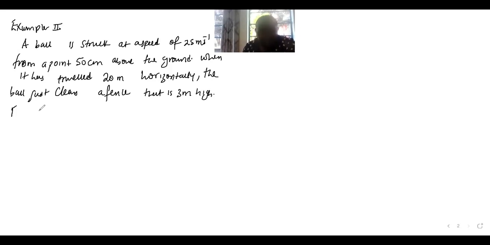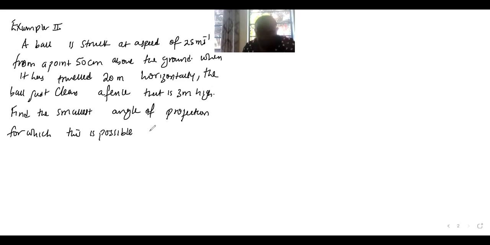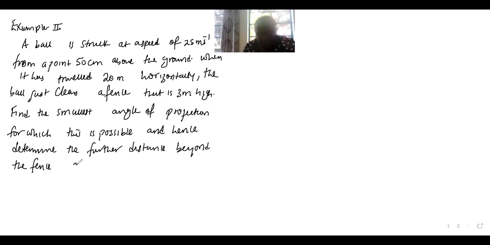Find the smallest angle of projection for which this is possible, and hence determine the further distance beyond the fence at which the ball hits the ground.